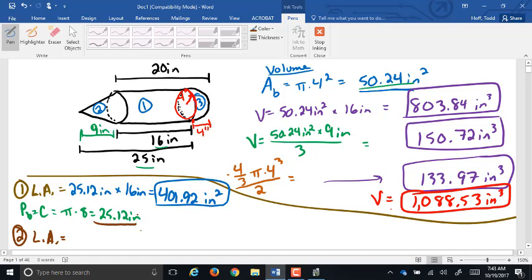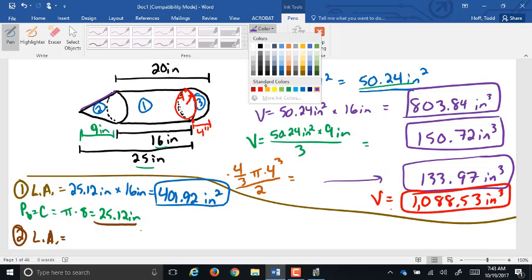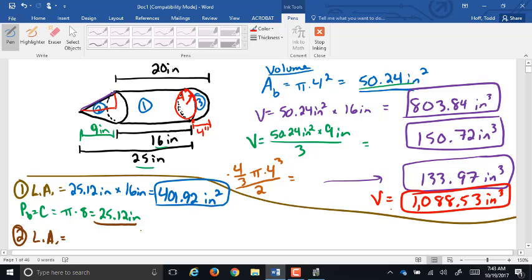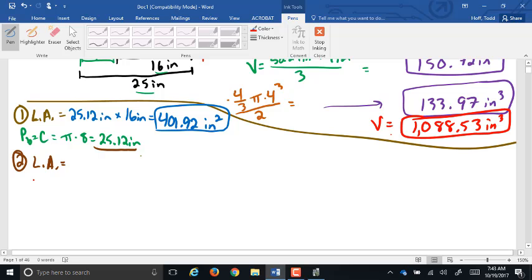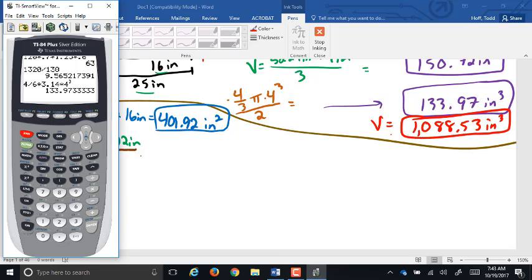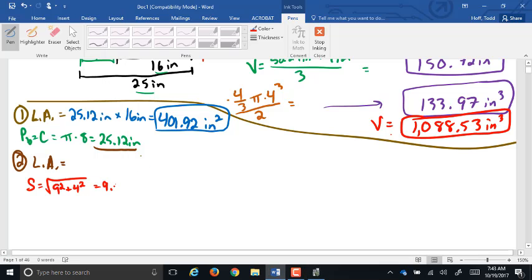The perimeter of our base is going to be the same, 25.12, but we need to know the slant. 9 squared plus 4 squared equals the slant squared, so it's the square root of 9 squared plus 4 squared, which is what? 9.85 inches.